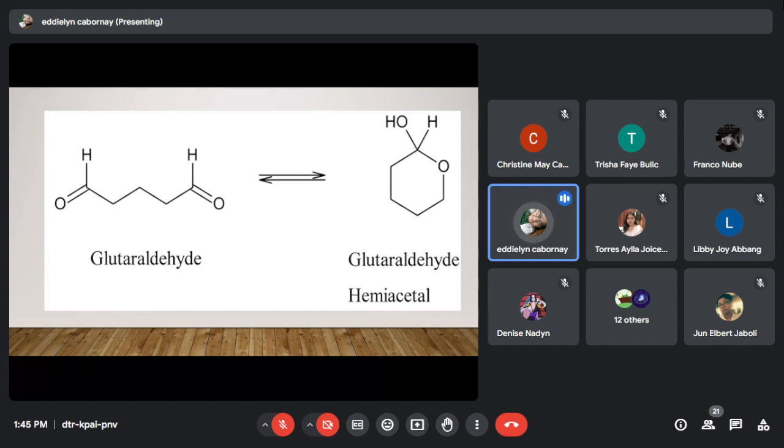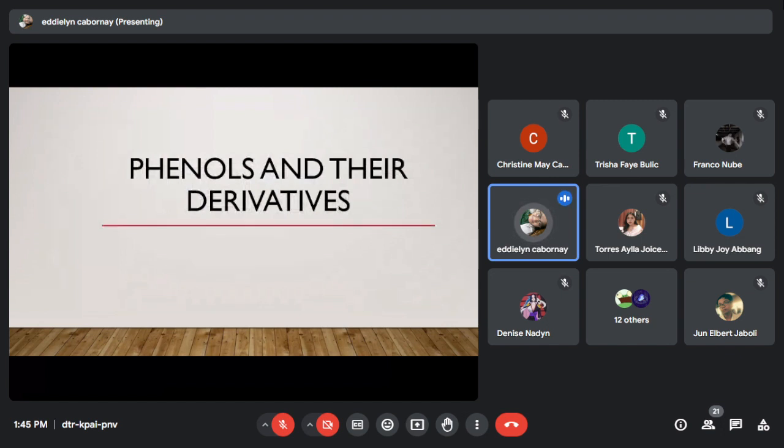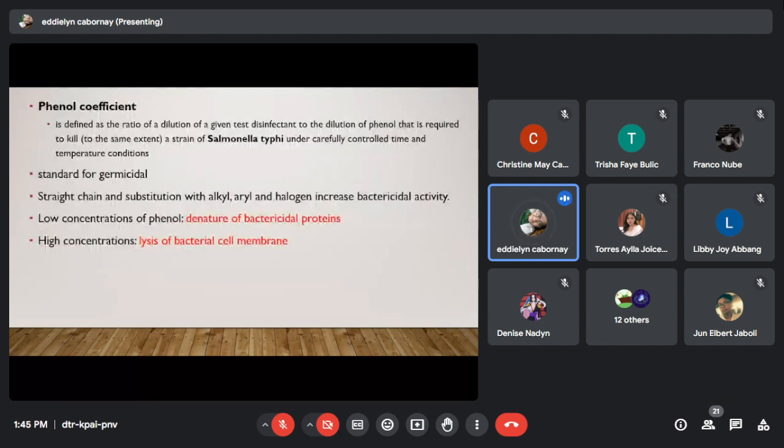Okay, so let's go to phenols and their derivatives. Phenol is the standard to which the activity of most germicidal substances is compared. So that is the highest standard, the phenols. Let's talk about the phenol coefficient.